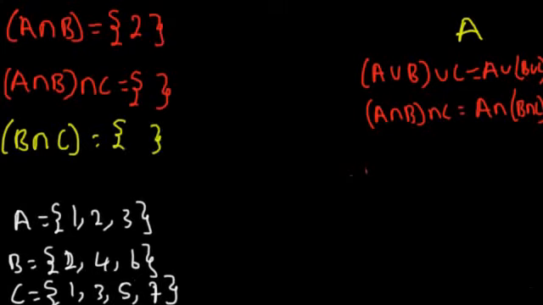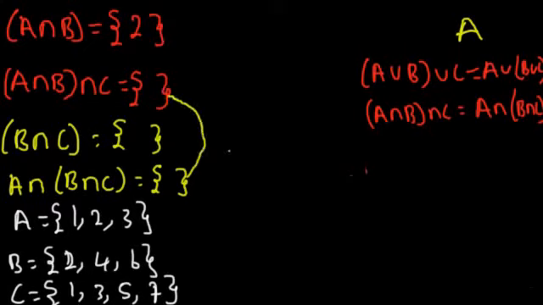Now A intersect (B intersect C) is still going to be an empty set. Since this is an empty set and this is also an empty set, the law is true for both cases.